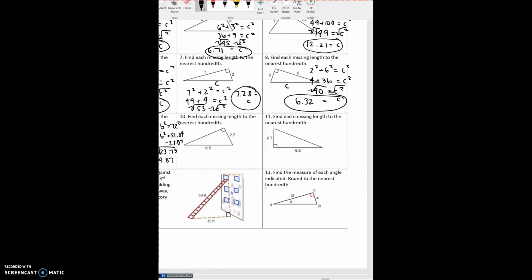Number 10. A, B, and C. This time we're looking for another leg. So we have a squared plus 2.7 squared equals 6.5 squared. Running out of room.